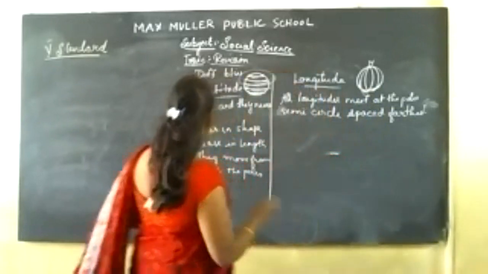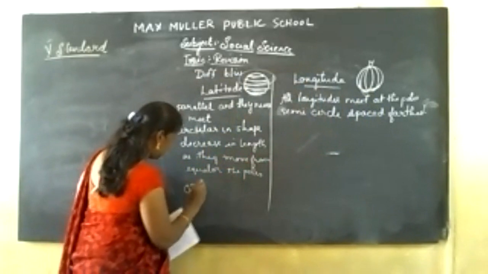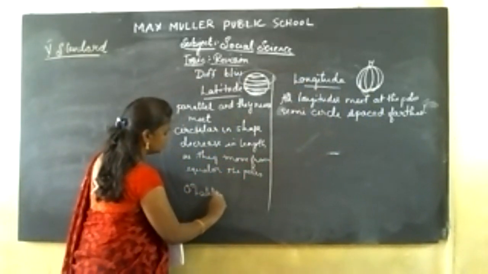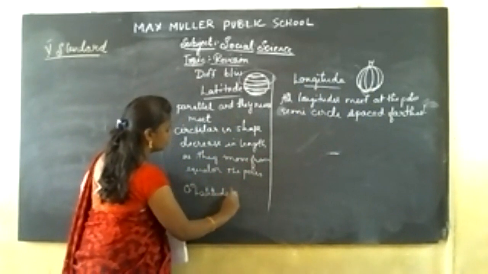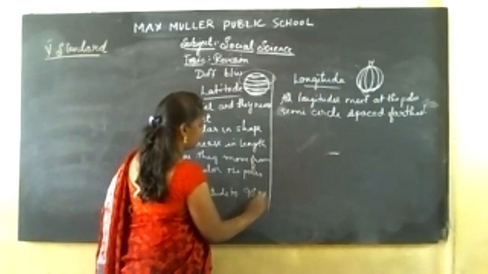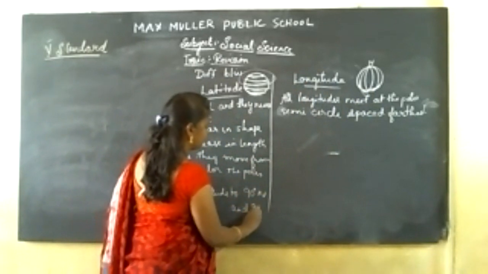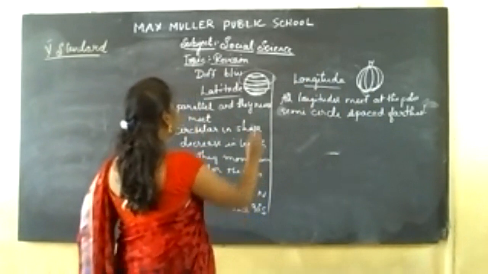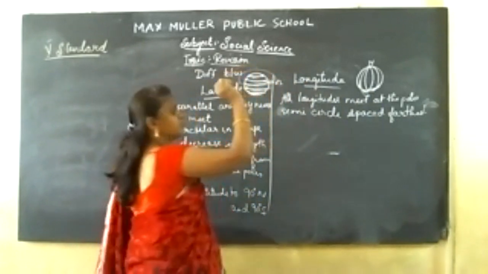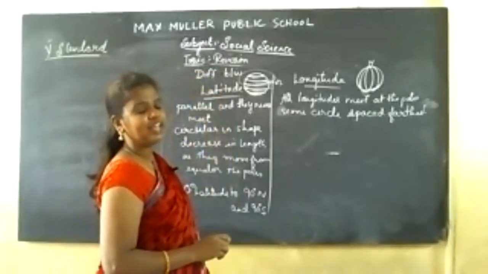And the latitudes are numbered from 0 degree latitude to 90 degree north and 90 degree south. This is called 0 degree latitude, which is called the equator.